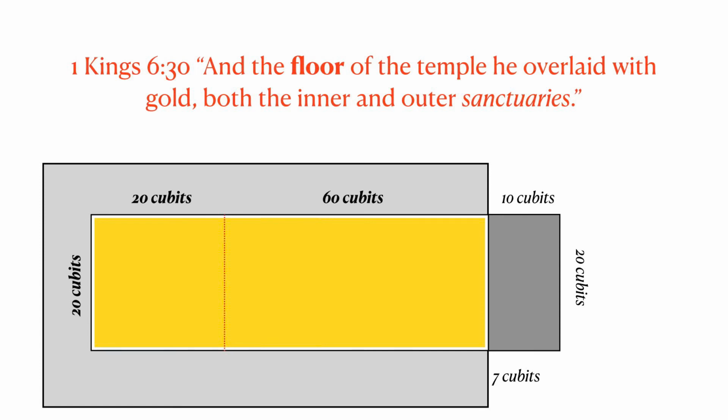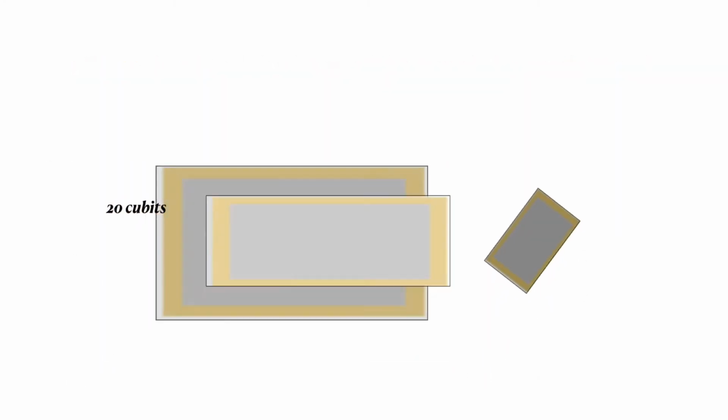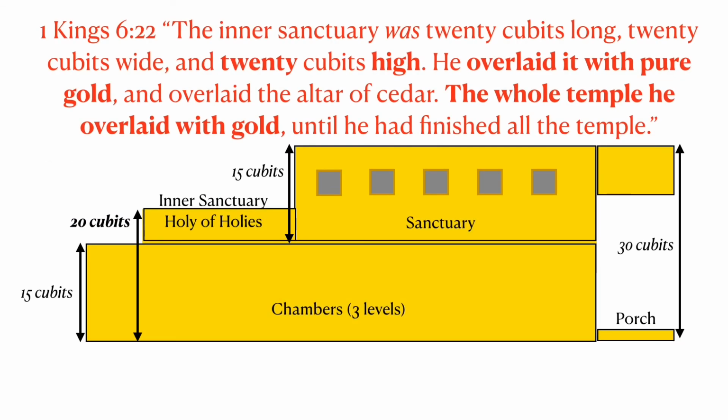And the floor of the temple he overlaid with gold, both the inner and outer sanctuaries. The whole temple he overlaid with gold until he had finished all the temple.